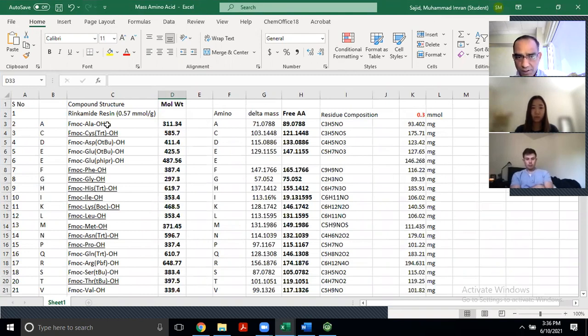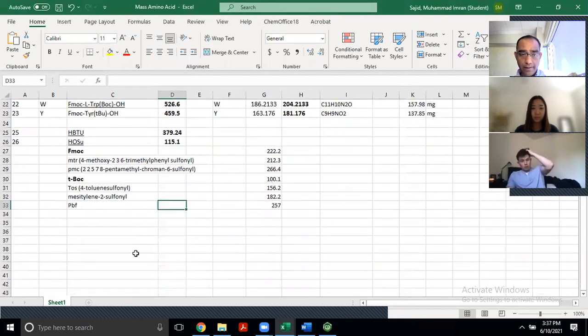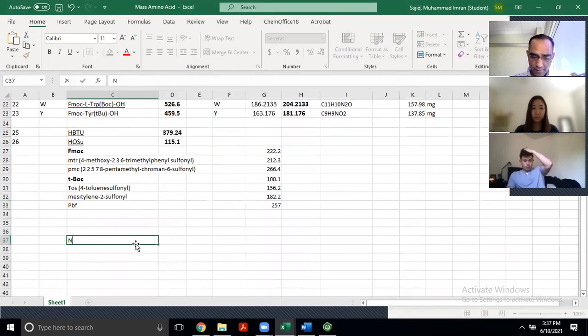And OH always means what? Carboxylic. And if there is only N, like if I say N, Fmoc, arginine, OH, what does this N mean? Amine group. Amino acid. Got it?